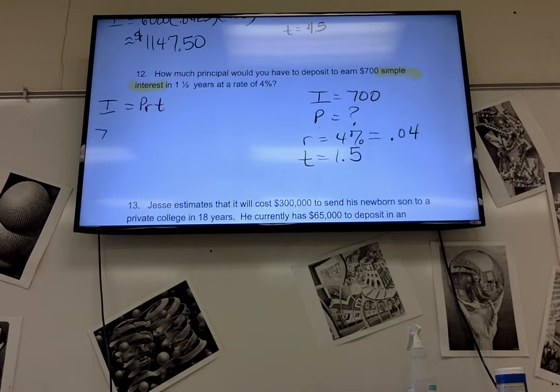Okay, so that's 700 equals P times 0.04 times 1.5. Go ahead and multiply the 0.04 times 1.5. You get 0.06. Divide by 0.06.